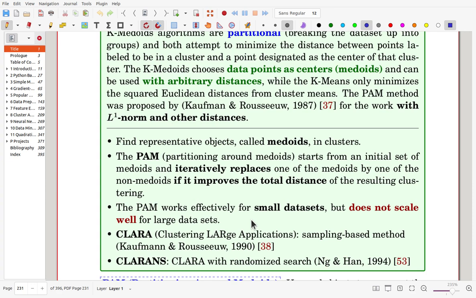To reduce the computational complexity, CLARA, clustering large applications, and CLARANS, CLARA with randomized search, were developed. These two methods are based on samples.